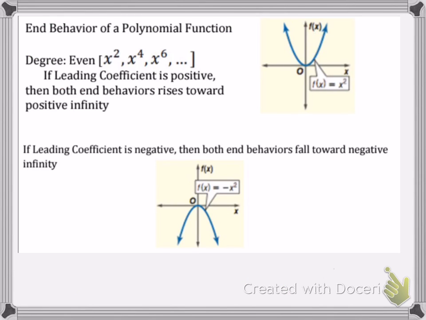So if we expand that notion to every polynomial function with a degree that is even, just like the quadratic, so if we expand it to include a function where it's x to the fourth or x to the sixth, now, if the leading coefficient, so that number in front of that x squared, that x fourth, that x to the sixth, is positive, then both end behaviors rise toward positive infinity, or simply, both rise.